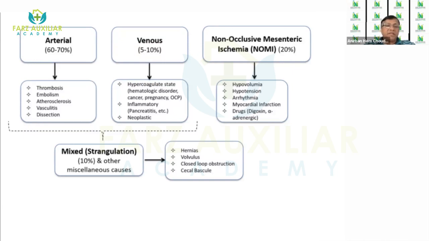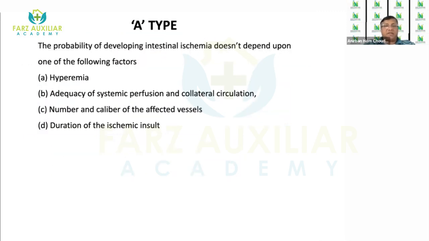Sometimes there can be mixed cases which require surgical intervention, usually in the form of hernias, volvulus, closed loop obstruction, etc. So with this background information, if you go through the clinical features, this is one area from where questions are asked.